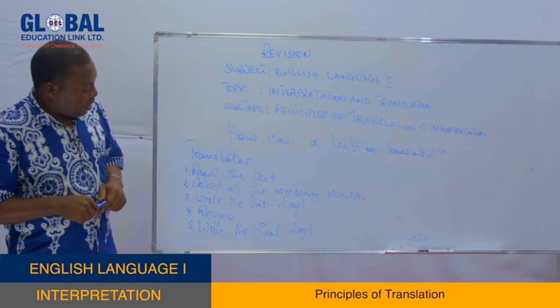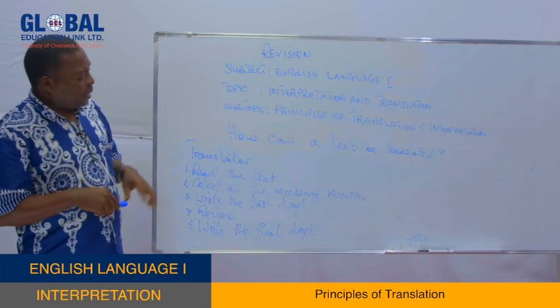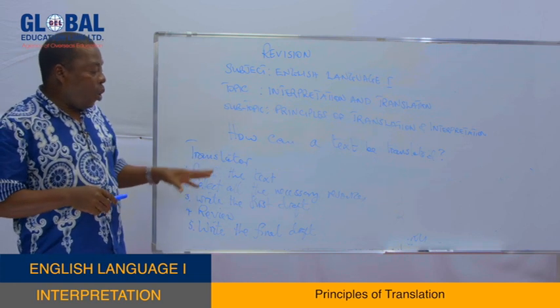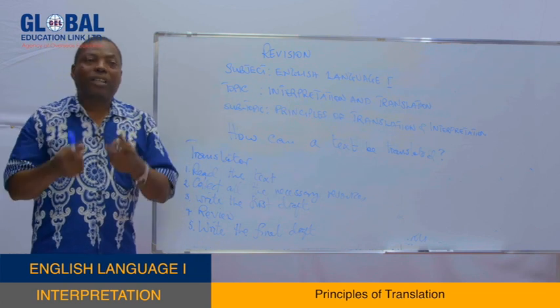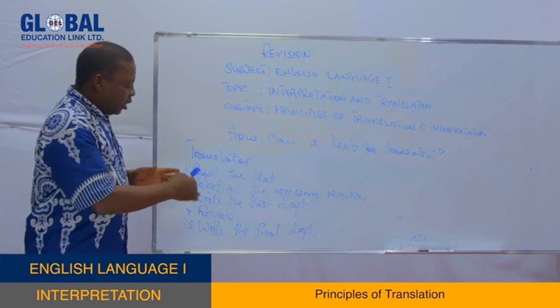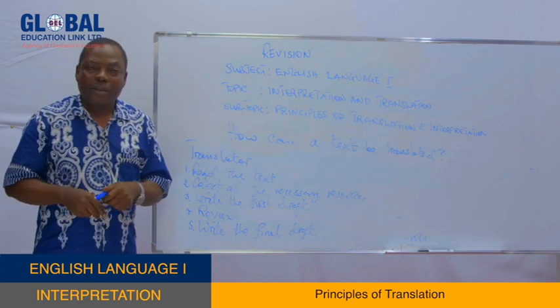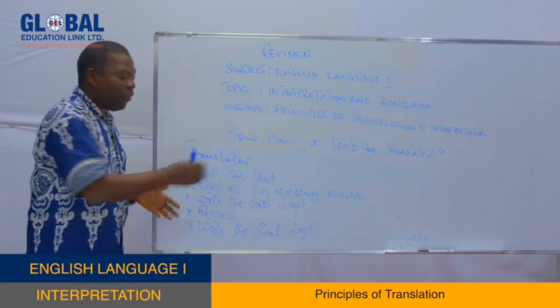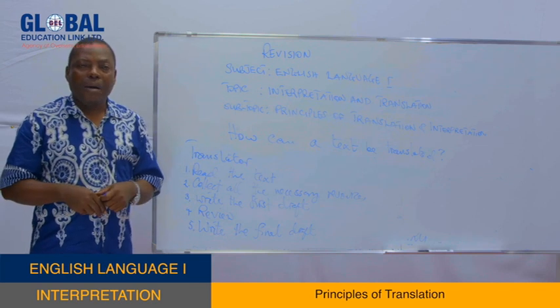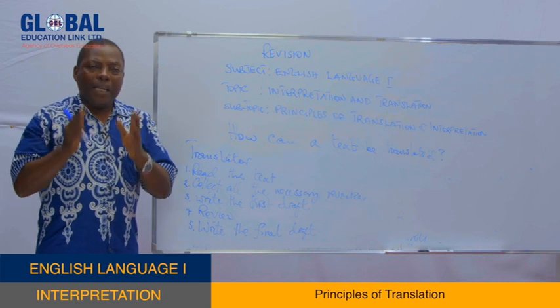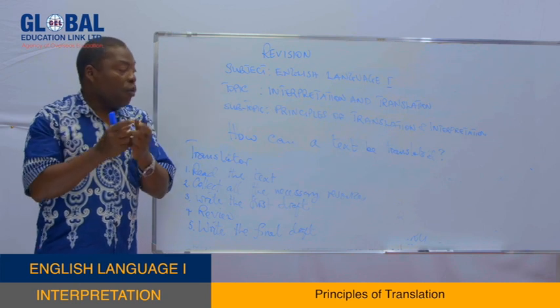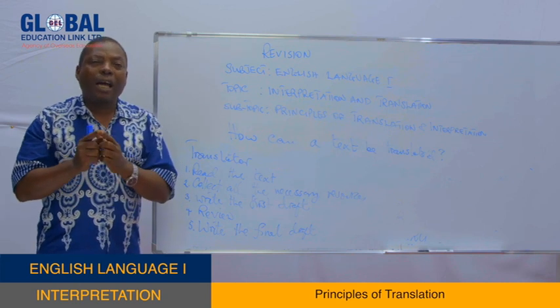This is a translator. But an interpreter, since he or she does his or her work orally, we cannot say he has to write the first draft or the final draft. All he has to do is to transform the message being presented from one language to another language orally.